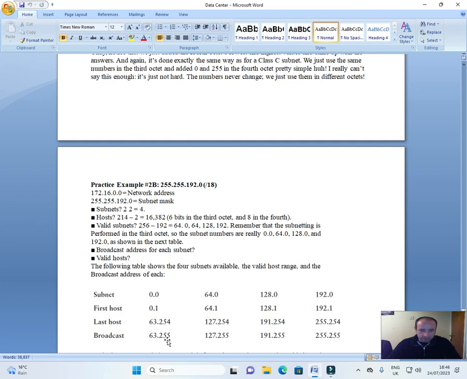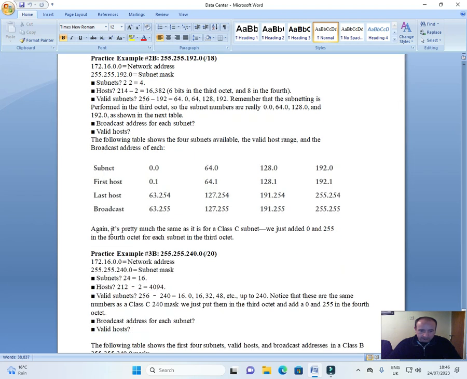Broadcast: 63.255, 127.255, 191.255, 255.255. And again, it's pretty much the same as it is for a Class C subnet. We just added 0 and 255 in the fourth octet for each subnet in the third octet.